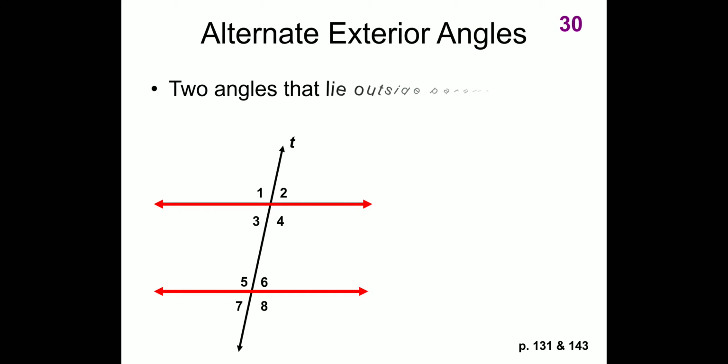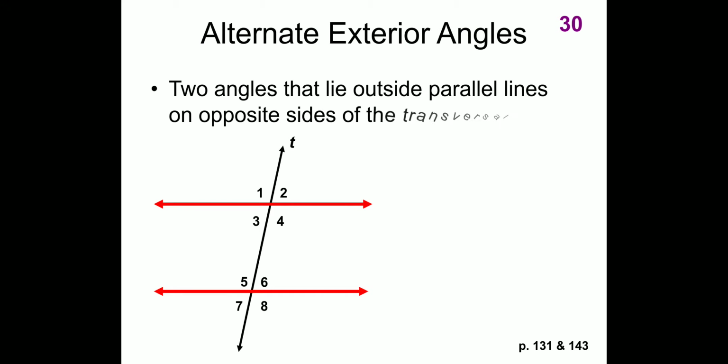Now let us see alternate exterior angles. Two angles that lie outside the parallel lines on opposite sides of the transversal are known as alternate exterior angles. In this we will not count the interior angles; we will see 1, 2, 7 and 8, which are our exterior angles.